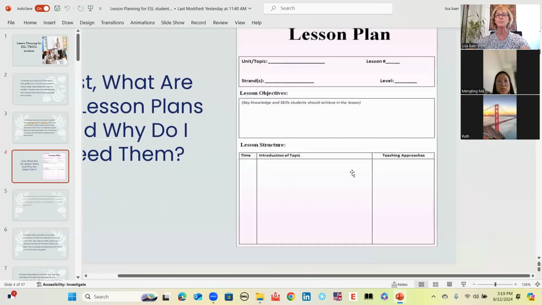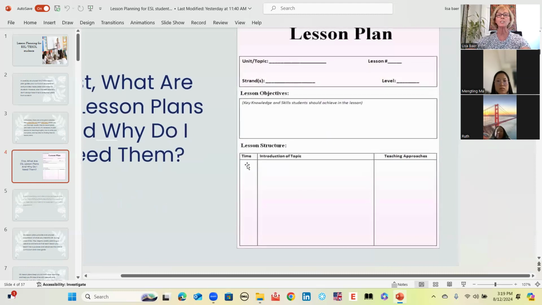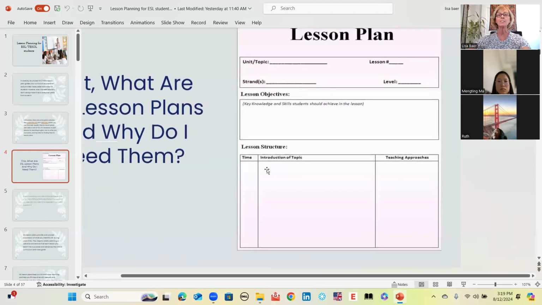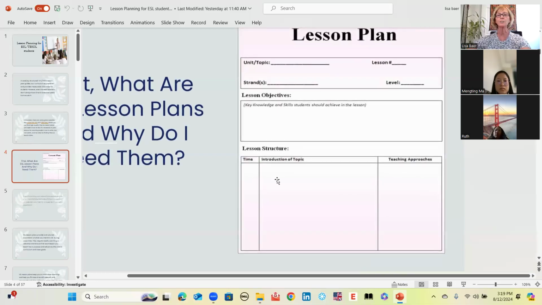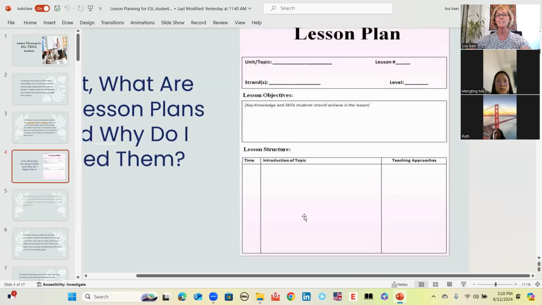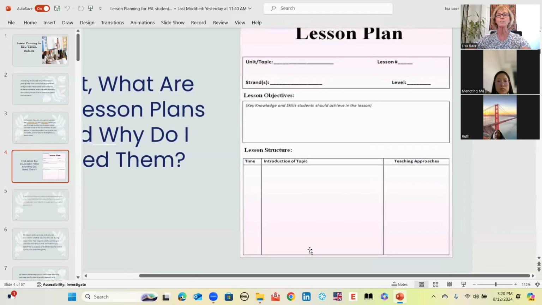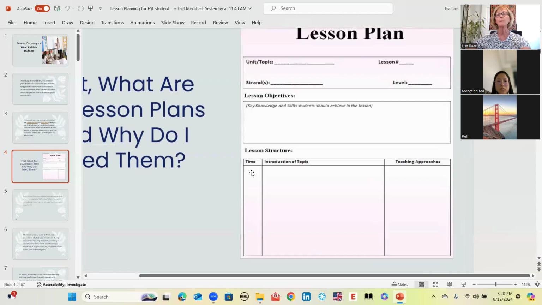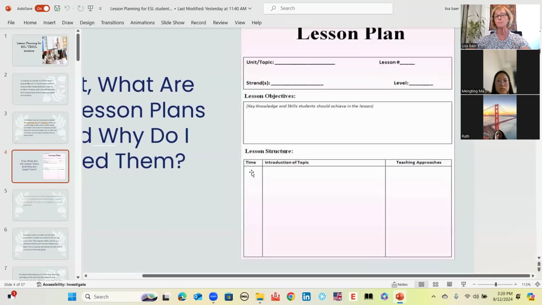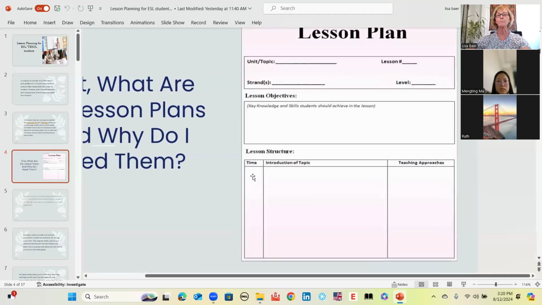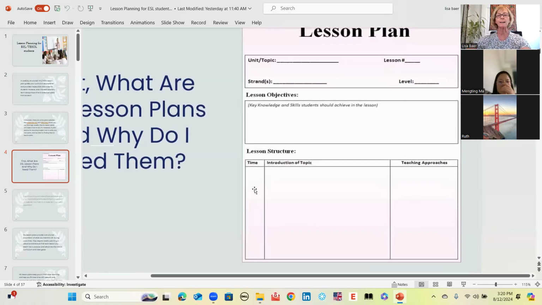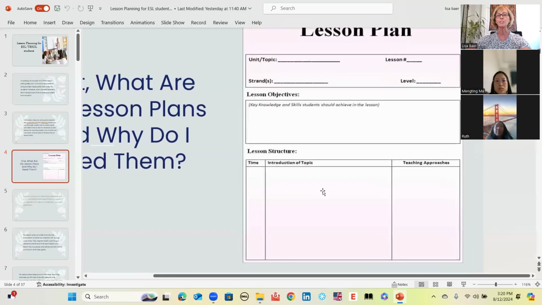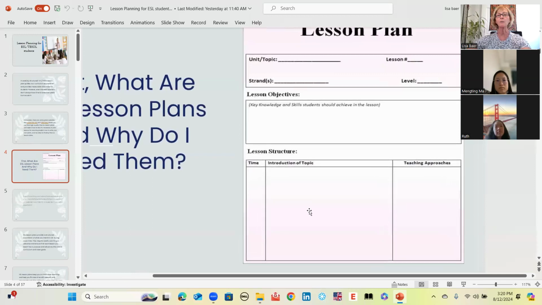And then you have the lesson structure, how much time it's going to take, introduction of the topic, teaching approaches, how you're going to do it. So this section usually is longer, of course, than this, because you can time it out, 90-minute or 60-minute class. You'll time out 10 minutes for an icebreaker, and 10 minutes for an introduction to the topic, and 20 minutes for an activity or a video or whatever.